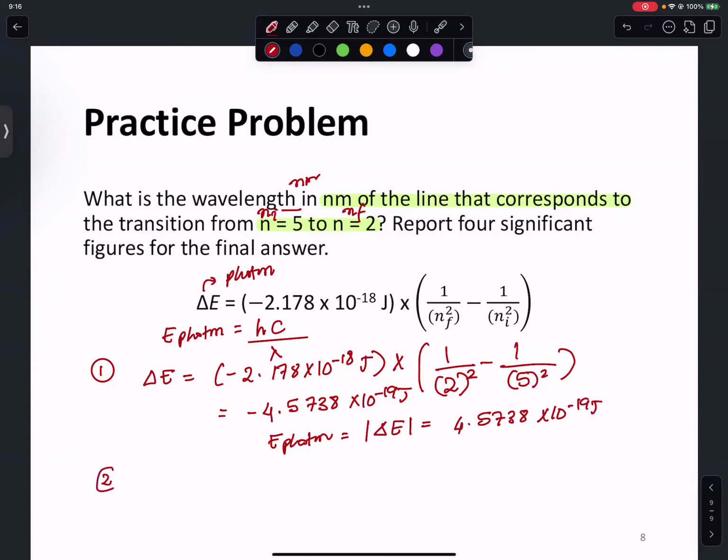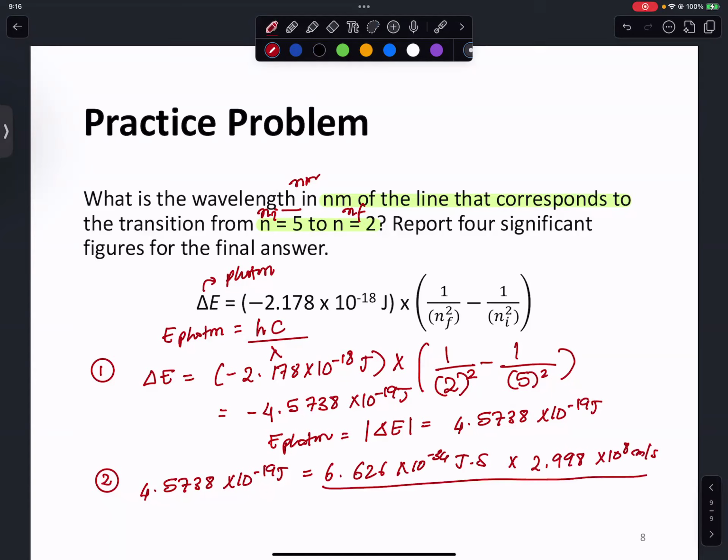And then the second step is I'm going to take this value right here and plug it into hc over lambda. I'll copy and paste this. All right, it equals Planck's constant, which is given to me on the formula sheet, joules times seconds, times the speed of light, also given to me on the formula sheet, divided by the wavelength in meters.